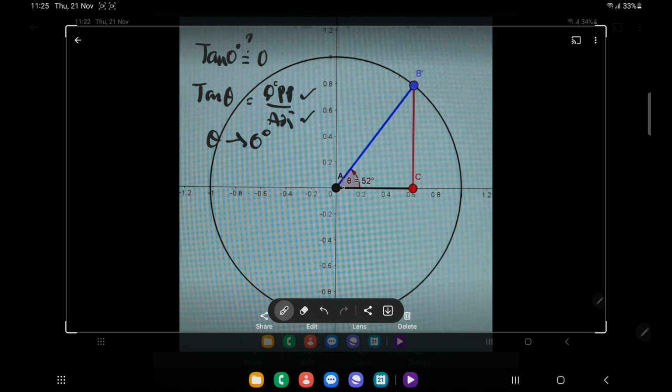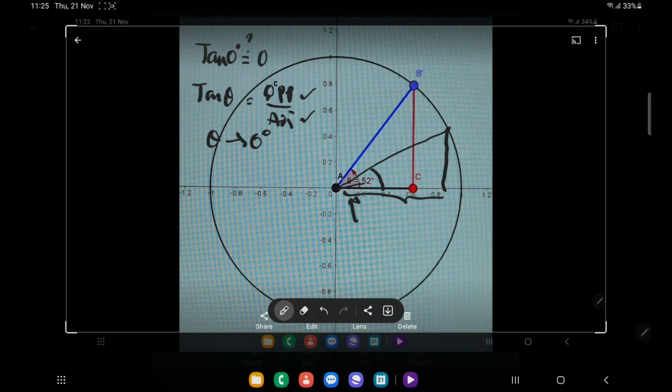Let us see. Now we have theta to be 52 degrees. Now theta is decreased, the opposite side is becoming smaller, and the adjacent side is increasing in its size.